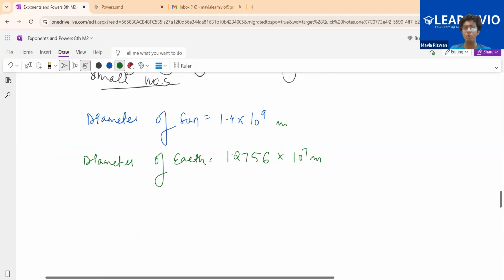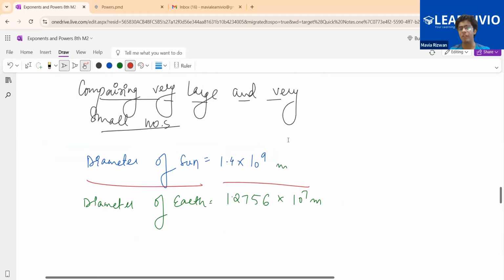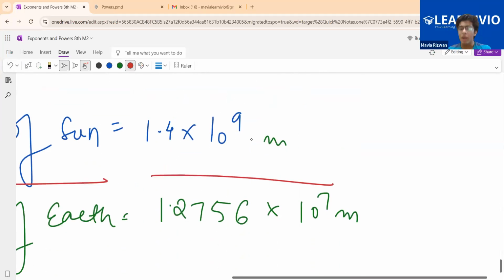So we are going to divide both of them. To compare anything, we divide. So we divide the diameter of the sun by the diameter of the earth. Now see, 1.4 and 1.2756 are actually very close, and they are very small compared to the diameters of the sun and earth. So we are going to take them as almost equal.